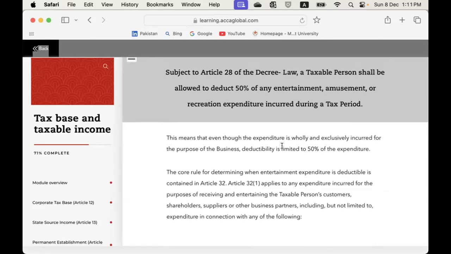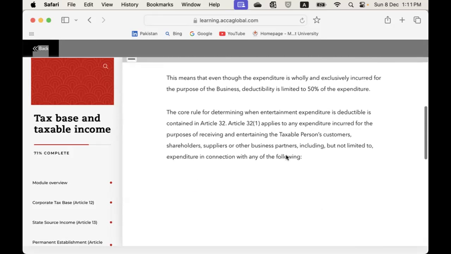For the staff, any entertainment expenditure incurred is 100% allowed. For anyone else, which includes shareholders, customers, suppliers, whatnot, only 50% of the entertainment expenditure is allowed. That's the summary of this article.